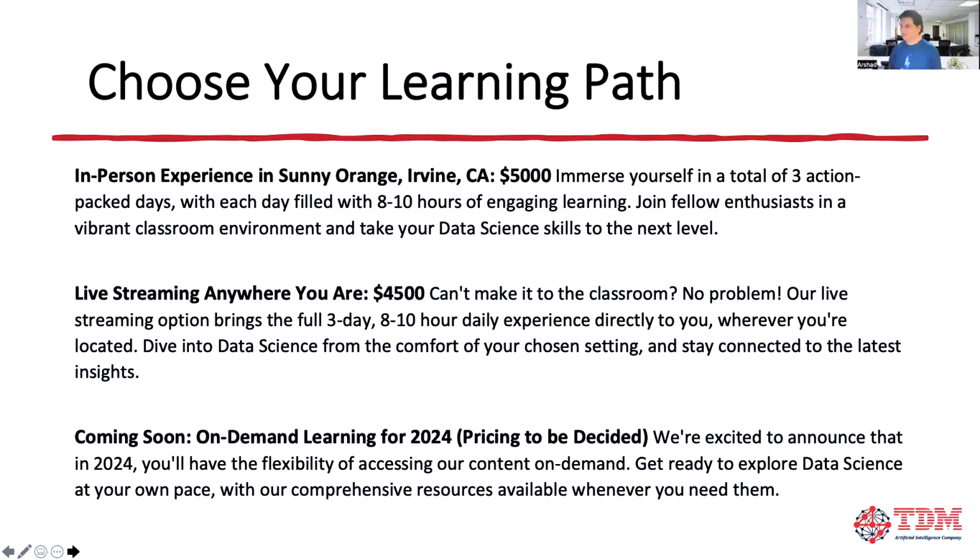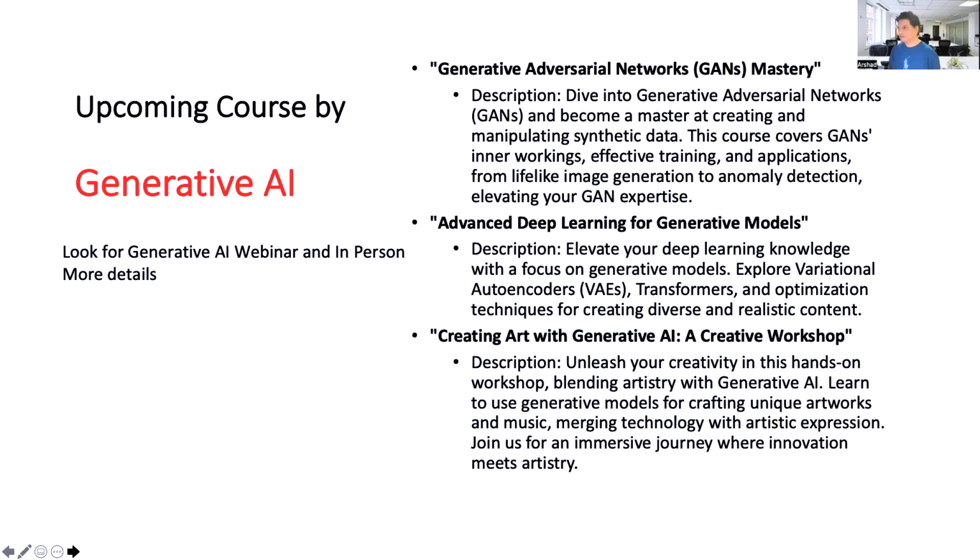But in person is different for sure. In live streaming, you get to work with the instructor and get into one-on-one sessions, and they will work with you on the projects. We don't have on demand, and possibly we'll bring something in 2024.